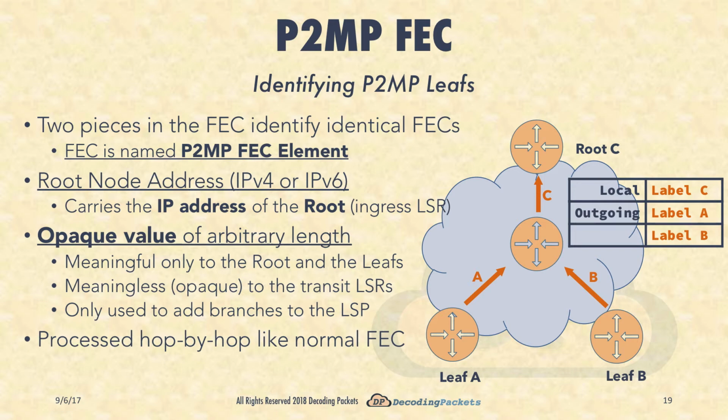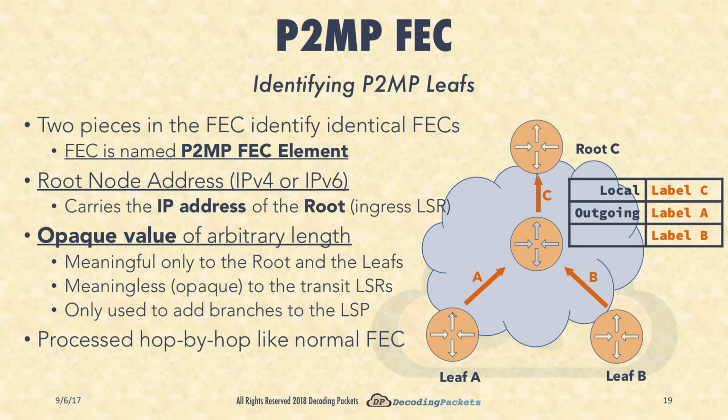On the other LSRs, this value will only serve to identify identical point-to-multipoint FECs within the context of the root. What I mean is that on the middle hop LSRs, they will first identify the root of the FEC by looking at the first value, and then they will look at the opaque value that the FEC contains.